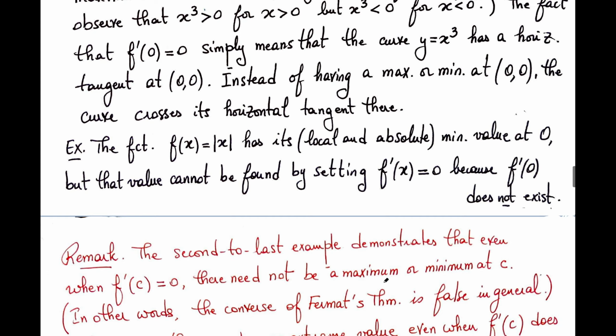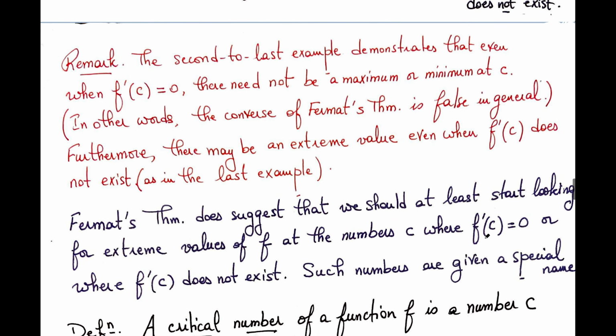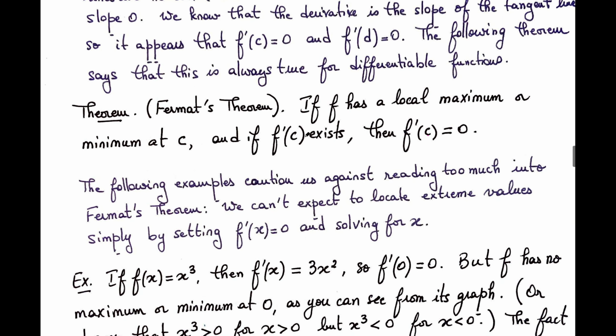So what Fermat's theorem suggests is that we can at least start by looking at f prime of c being 0, or where the function is not differentiable, where this one fails, right? Where this fails.